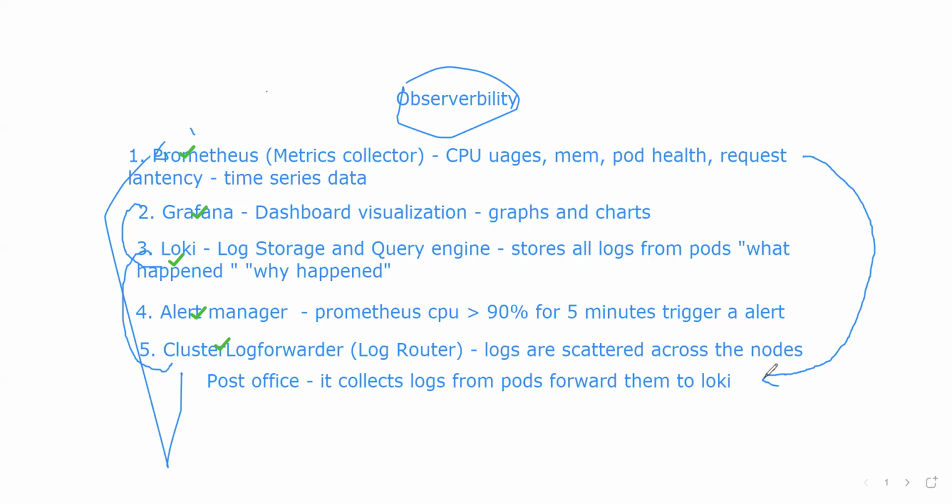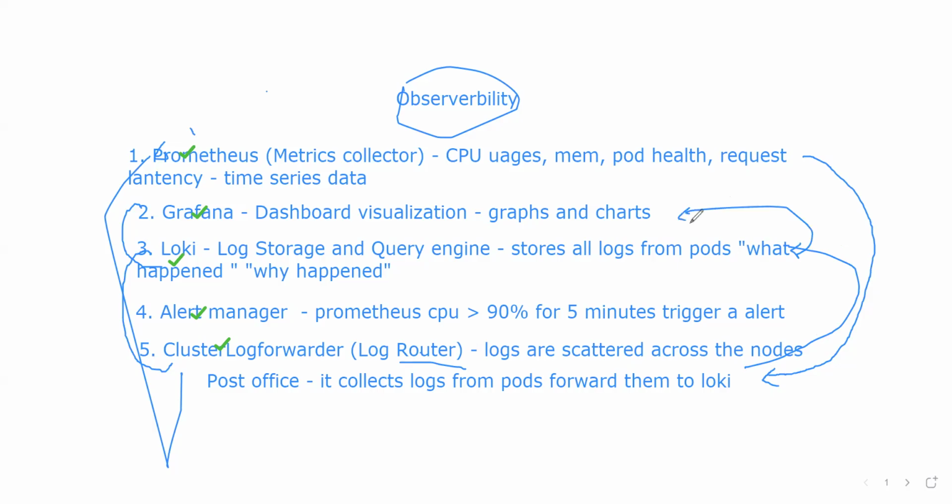Wherever the nodes and pods are running, it will collect the logs in one place like a log router, and from there it goes to Loki. Loki is the storage, and we can also query from it. From Loki, it goes to Grafana.